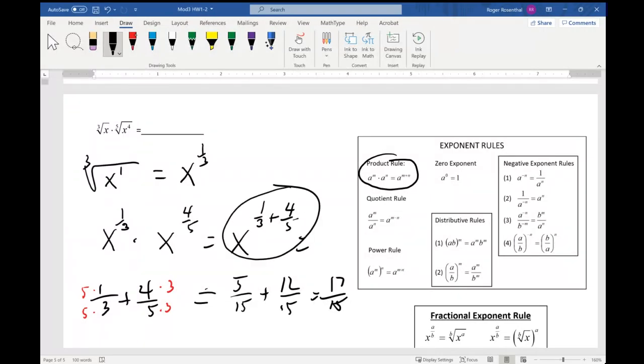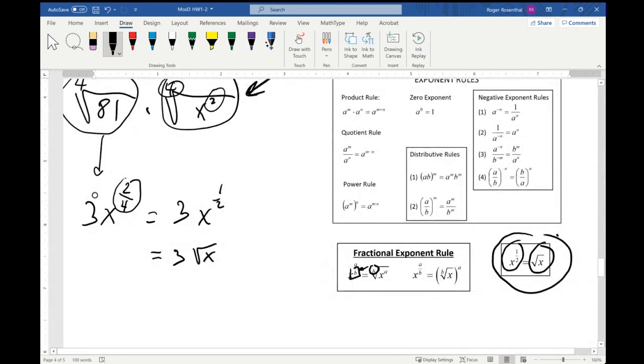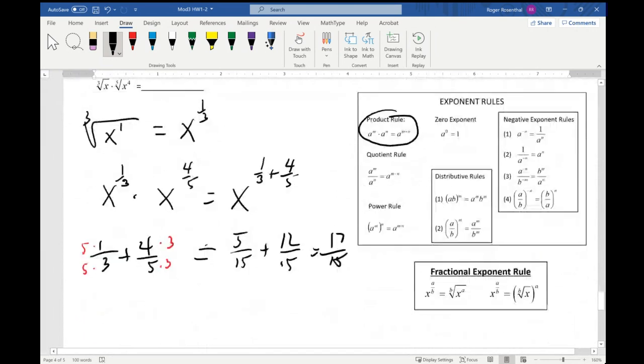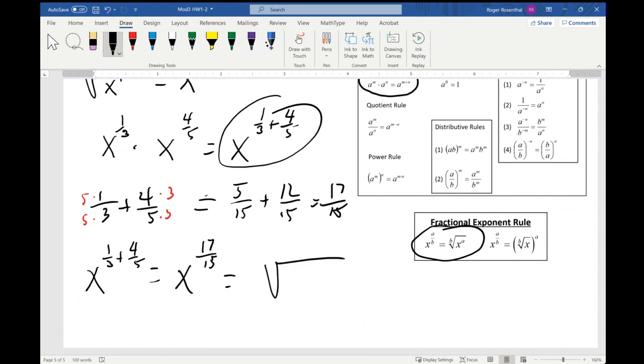So that means this is equal to, I think I need to copy this down. So the x to the 1/3 plus 4/5 power, since we just figured out those two fractions add up to 17/15, is x to 17/15. And now we can use this rule to rewrite that as a radical.